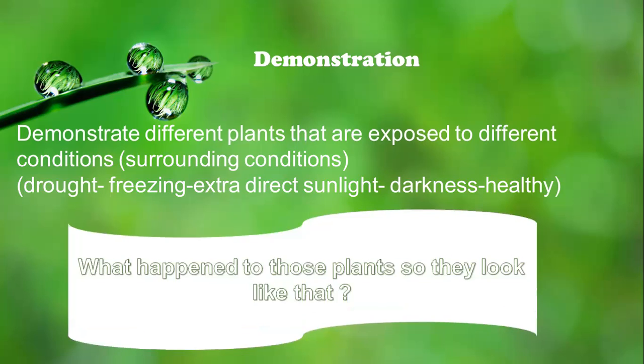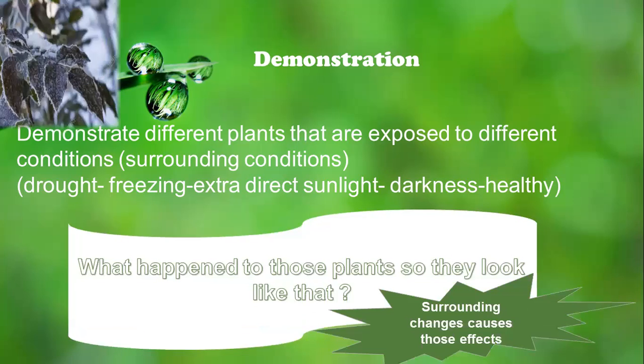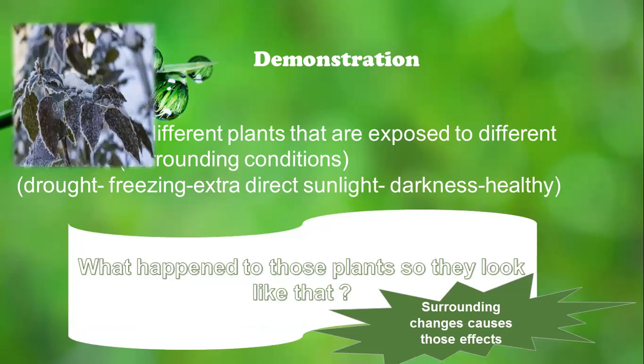For example, those frozen leaves, are they cause or effect? Of course they are effect because we can see them with our eyes. What is the cause of these leaves freezing like that? Freezing conditions. So the freezing is the cause of these effects.